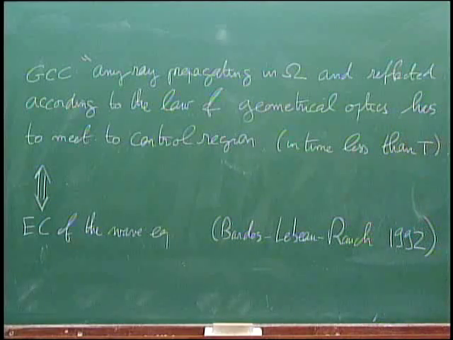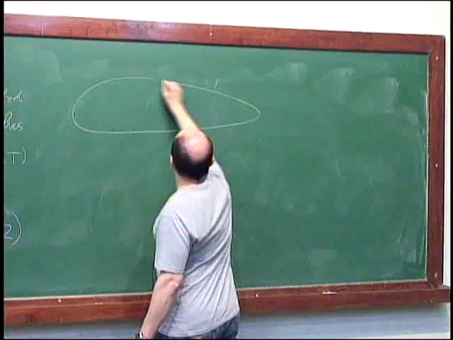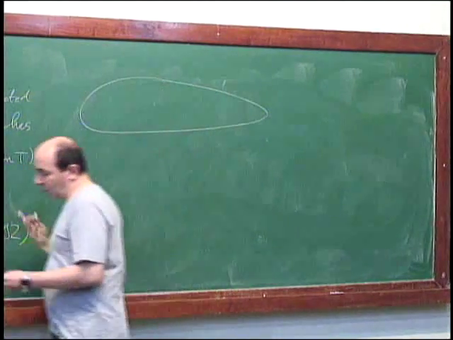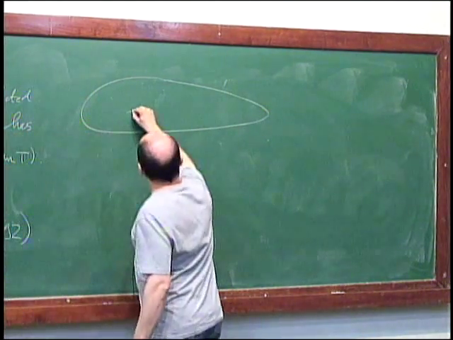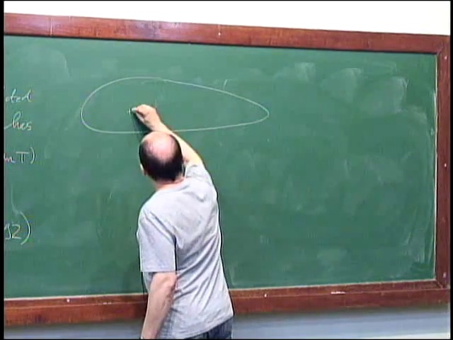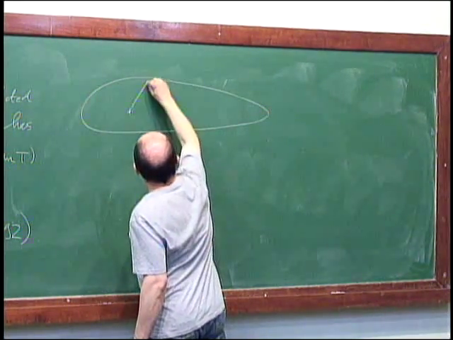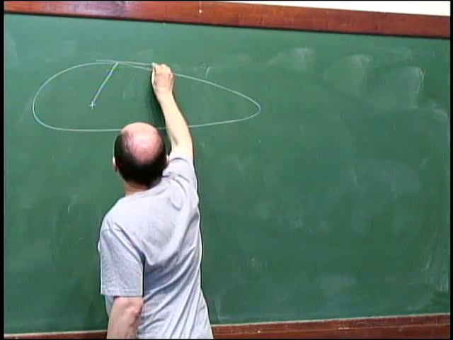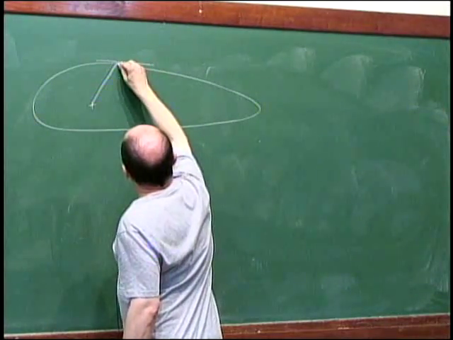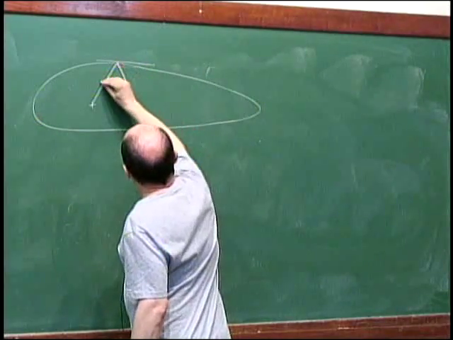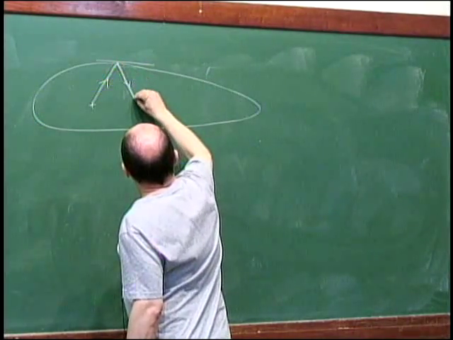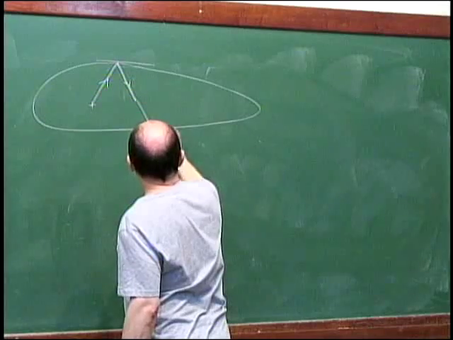So let us do a picture for a convex set to simplify so that we will not have bad points. You start from any point inside. You consider one ray. Okay. It meets the boundary. So it is reflected according to the law of Snell-Descartes. So like this. And so on. You continue like this.